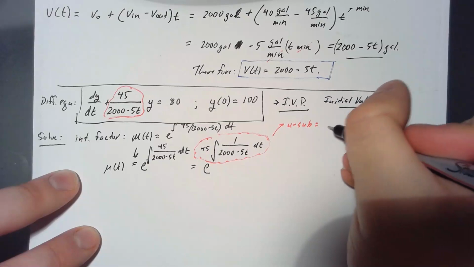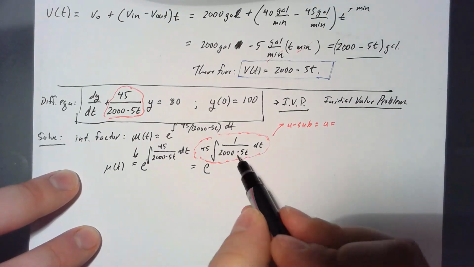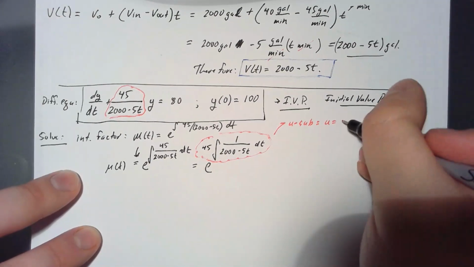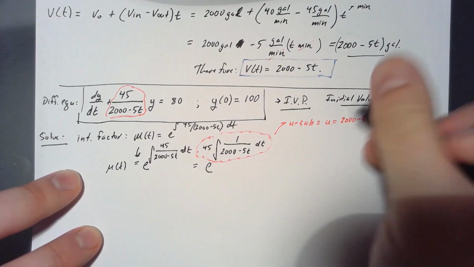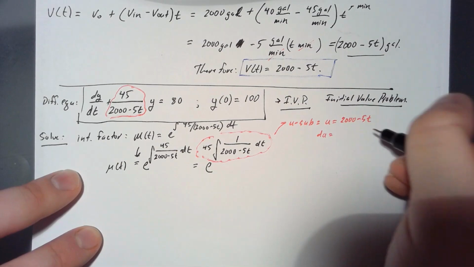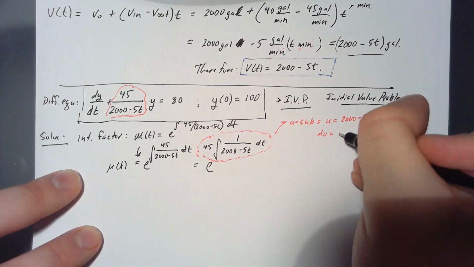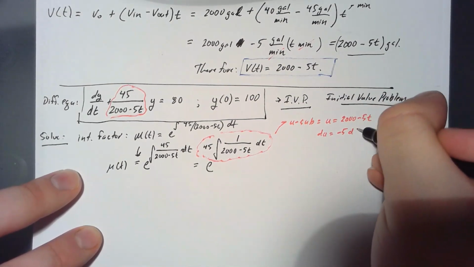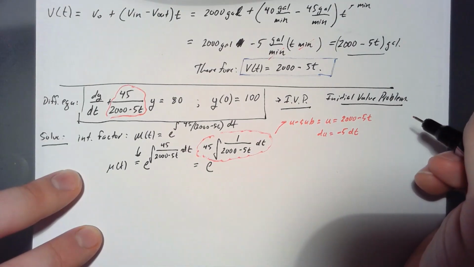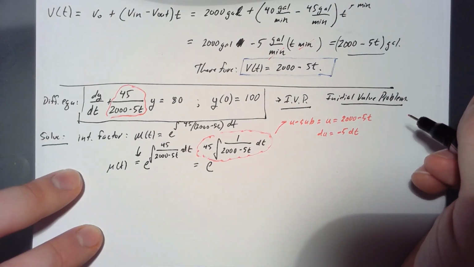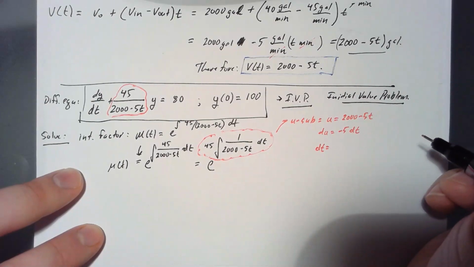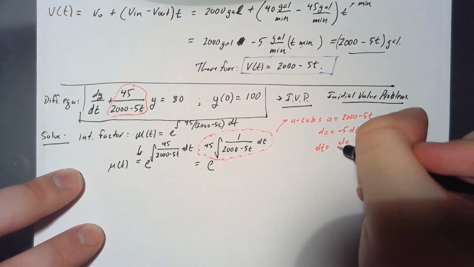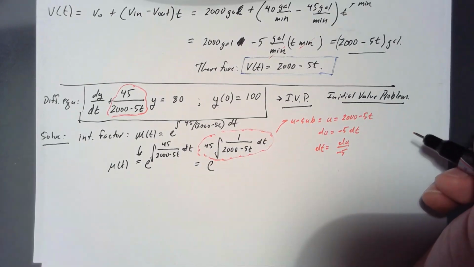So you're going to let u equal 2,000 minus 5t. Then du equals minus 5 dt, and solving that for dt, you get du over -5.